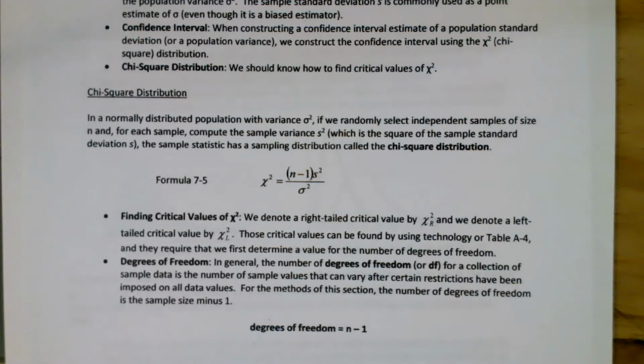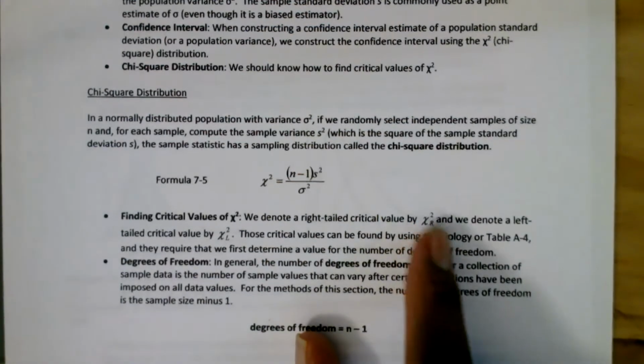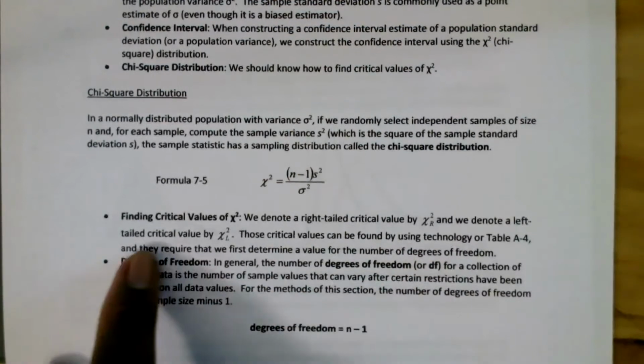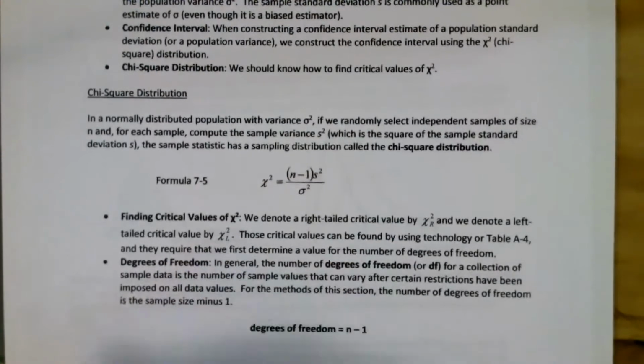And to find the critical values of chi-square, we denote a right tail critical value by this notation, chi-square on the right, and we denote a left tail critical value by chi-square on the left. Okay, and these are the notations here.